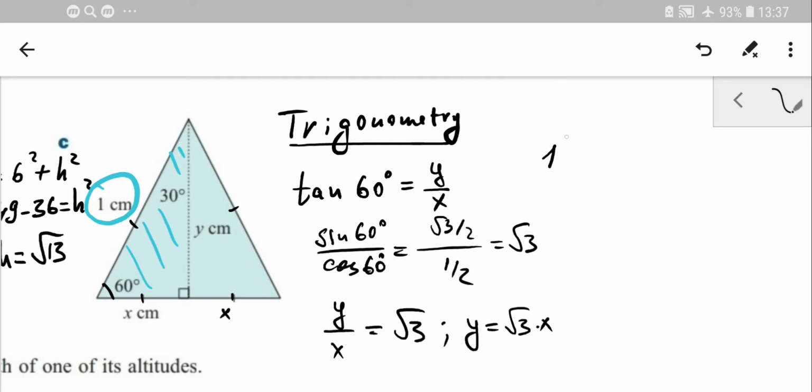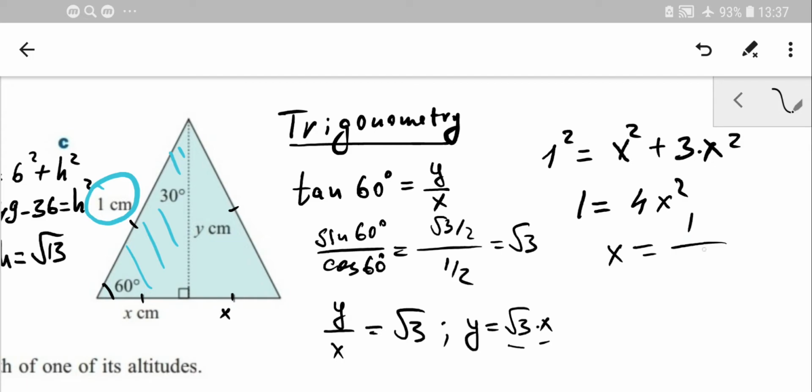So 1 squared equals x squared, and instead of y I put y squared also, but it will be square root of 3 x squared, so it gives us 3x squared. Alright, so we'll get 1 equals 4x squared, x equals 1 over 2. Okay, we can also calculate. So let's try to calculate.